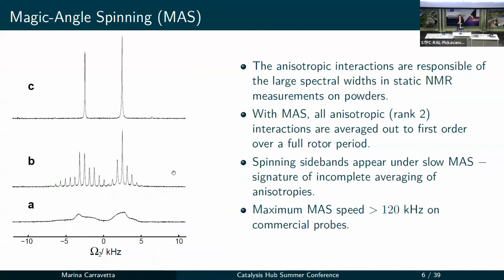That is true as long as we deal with spin 1/2 nuclei. For quadrupolar nuclei, the situation is a lot more challenging. But I wanted to point it out for you because what we are breaking down here by changing the spin rate is some of the anisotropic components that will be discussed as part of our applications.